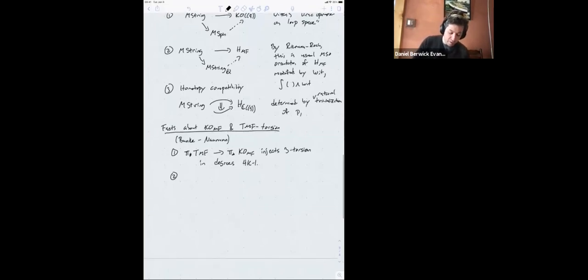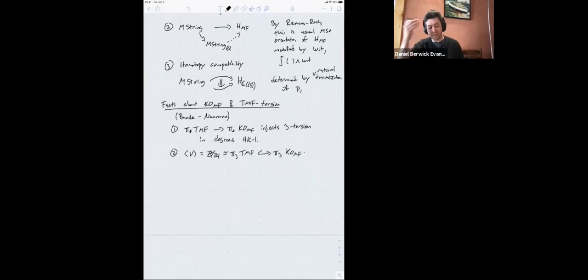The other thing that they show, which is kind of nice, is that this generator for the Z mod 24, which is related to this third stable homotopy group of spheres in pi3 of TMF, this also injects into pi3 of KOMF. So in a sense, the first kind of torsion invariant in the coefficients of TMF that's not present in KO is this thing nu in degree 3, and it can be detected by KOMF.